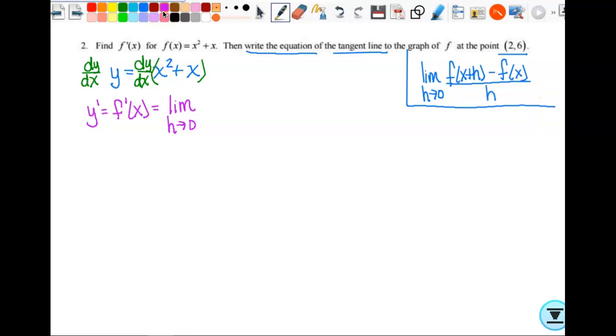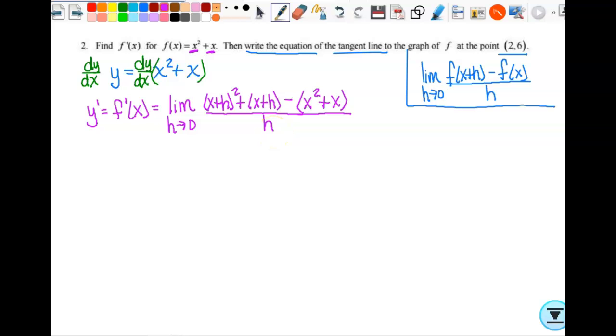So when we go over here to do this, f of x plus h is going to give me x plus h squared plus x plus h. So that is substituting it into this part and this part. Then I have to subtract x squared plus x all over h.